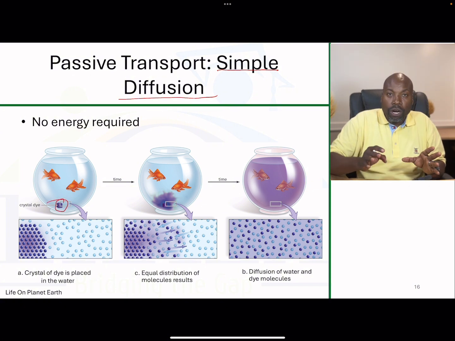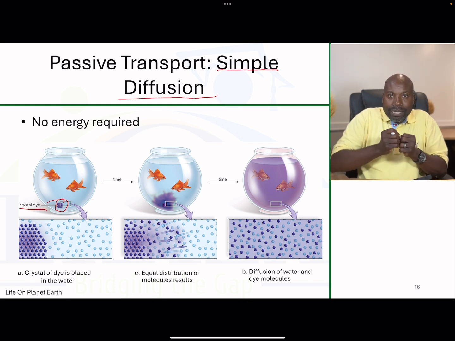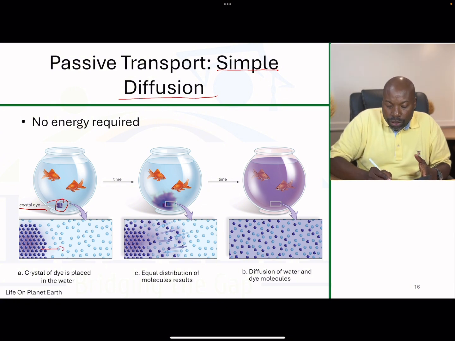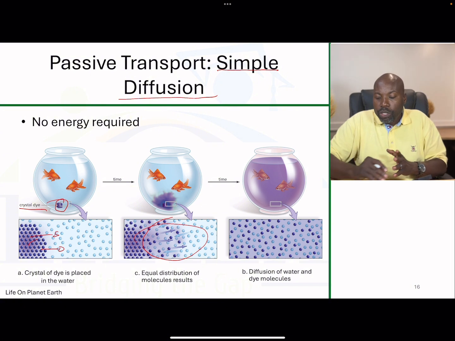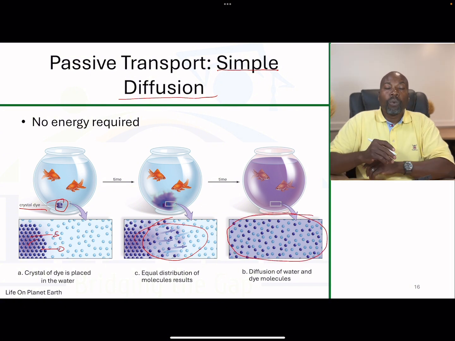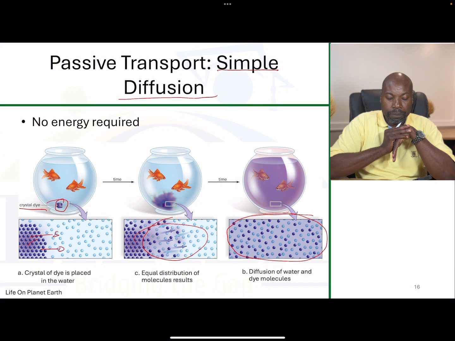In this very case, a crystal dye, that crystal dye will start dissolving in the water and diffuse from the area of high concentration toward the area of low concentration, and eventually that diffusion is going to go on until you reach a certain level of equilibrium where you have an equal concentration of the solute everywhere in the solution, right?